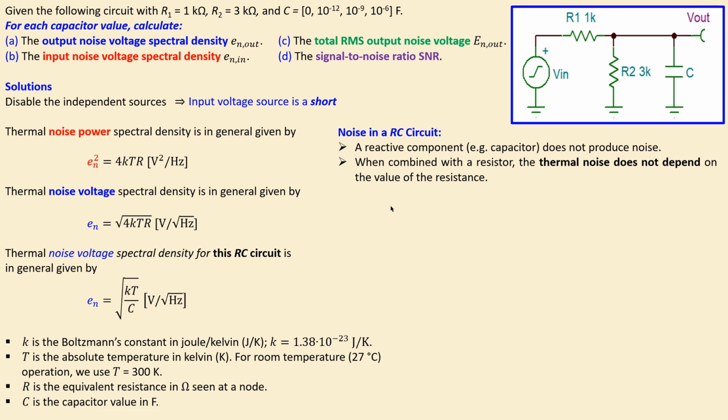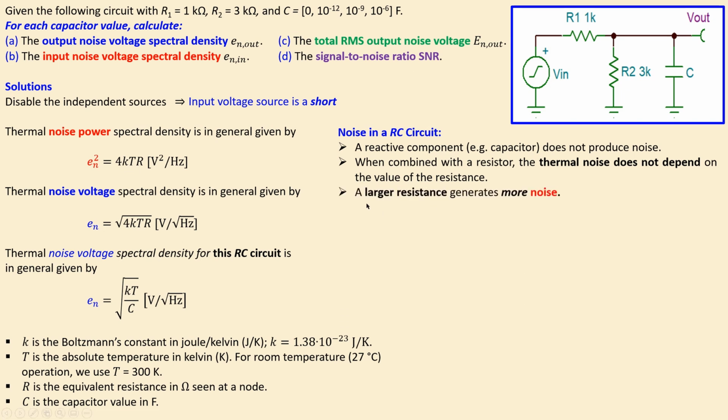So it is really dependent on what we have as a circuit. If you have an RC circuit, as I said before, just having pure R, pure C in the ideal case, then the thermal noise voltage will not depend on the value of the resistor if it is in combination.